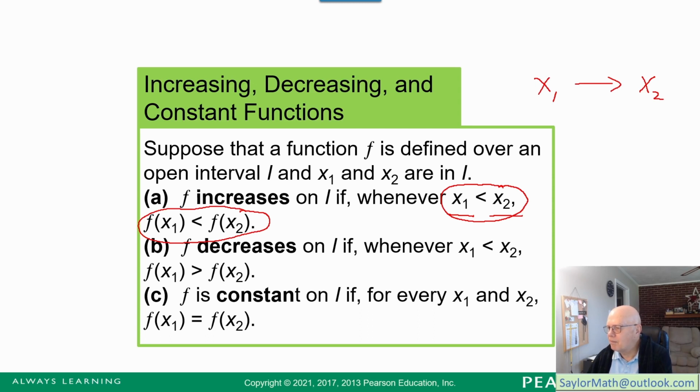Now, increasing means that the y values get bigger. So going from left to right means the x's are getting bigger, and increasing means the y value gets larger. If it's decreasing, then we're going from x1 to x2, and that means the y gets smaller.